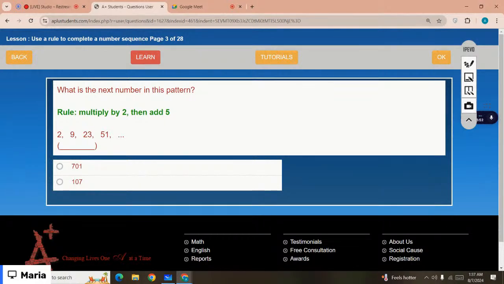The rule is you have to multiply by 2 and then add 5. So you need to multiply 51 times 2, then you have to add 5.